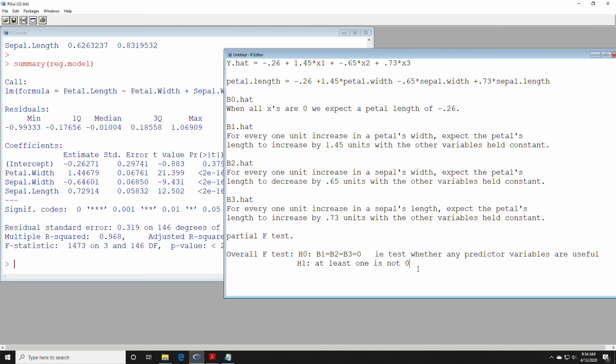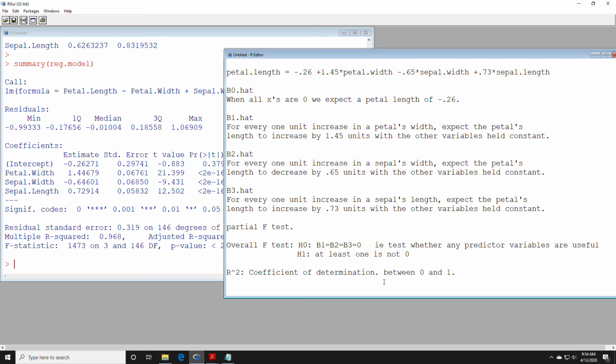There's something else important in this table, which is R squared, called the coefficient of determination. It is right here, called multiple R squared. The coefficient of determination, R squared, is going to be between 0 and 1.